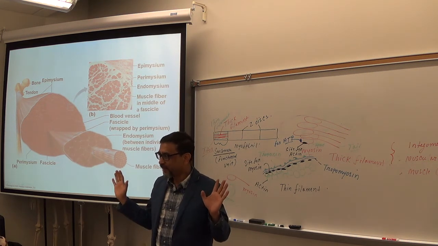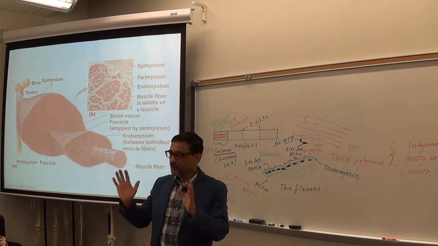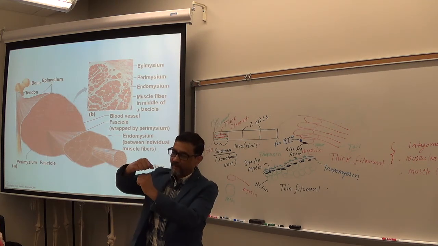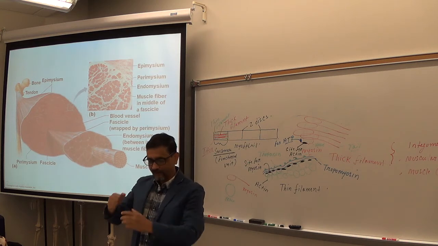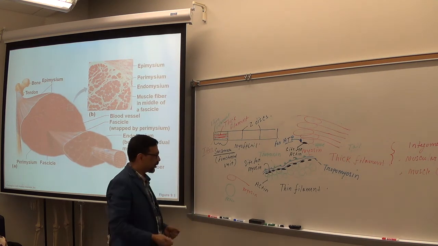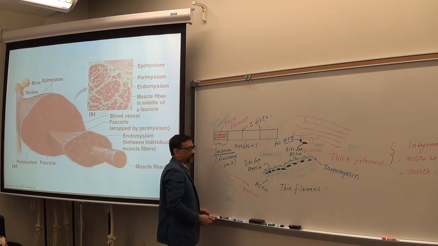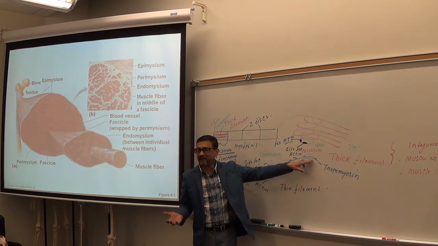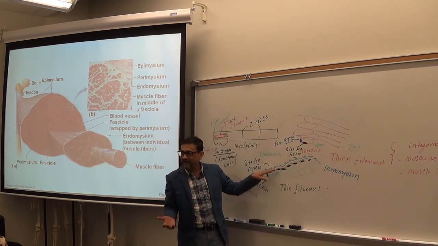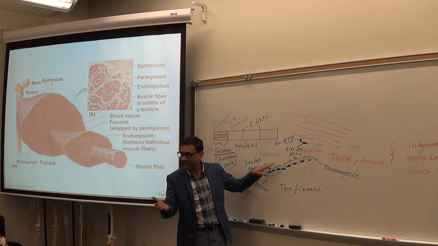Is it clear? Now when the muscle will contract, the myosin head should get what? Attached to the actin balls, right? Binding should occur. So now you can tell me to free the binding sites on the actin balls. If you want to free them, what you have to do?